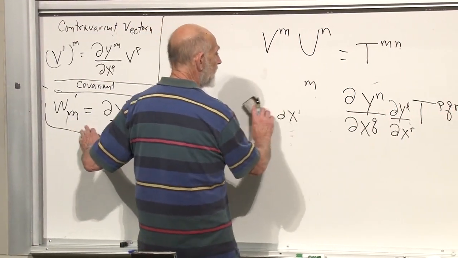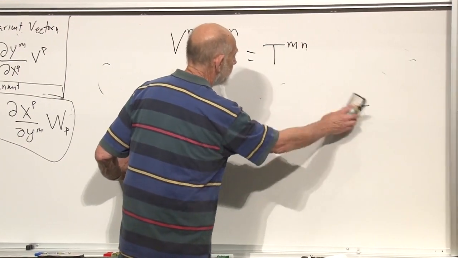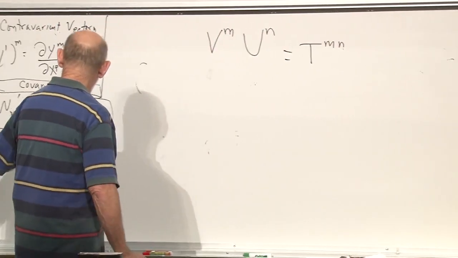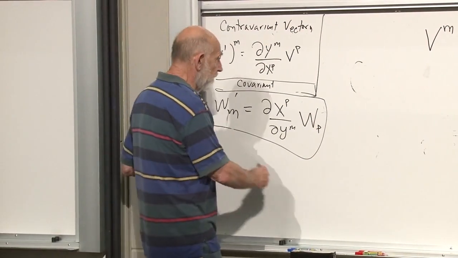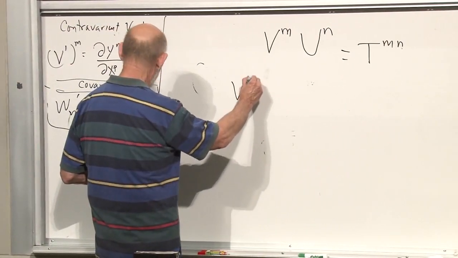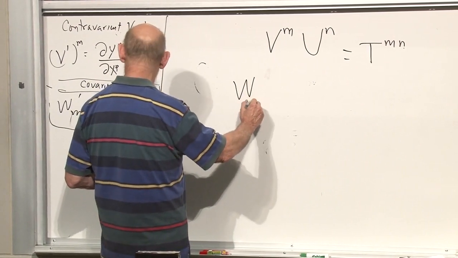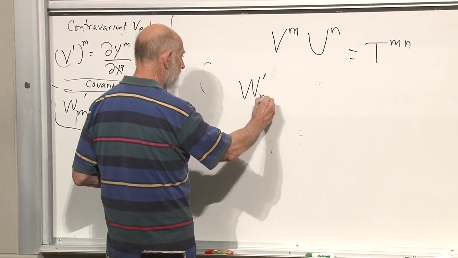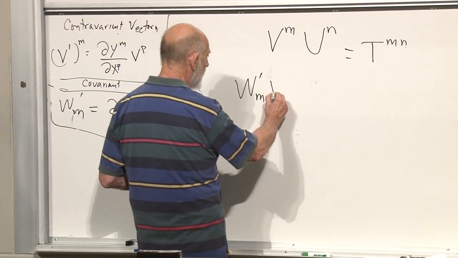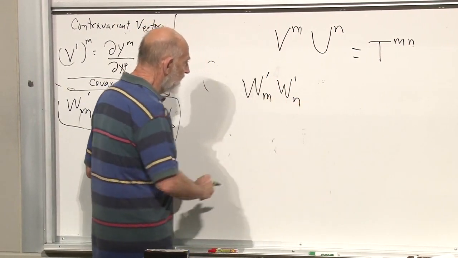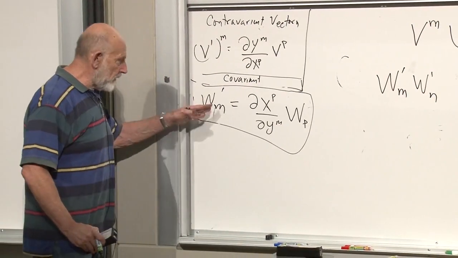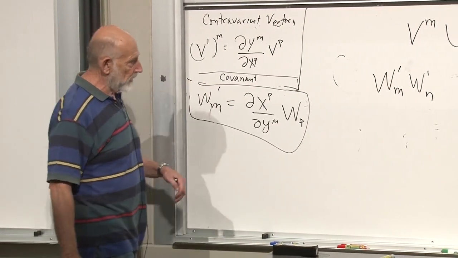Let's go back and take the product of two of them. Again, two different covariant vectors: W prime m times W prime n.